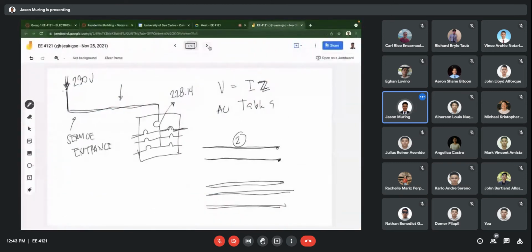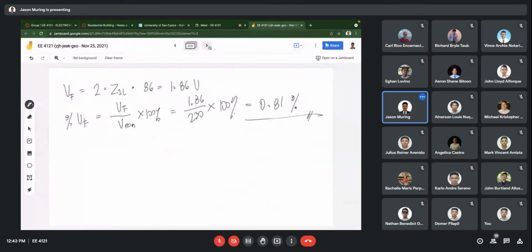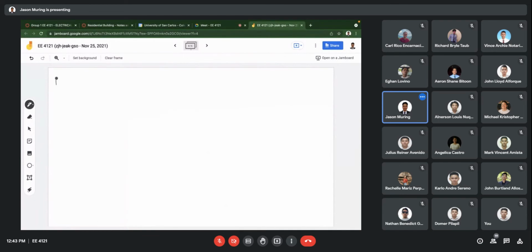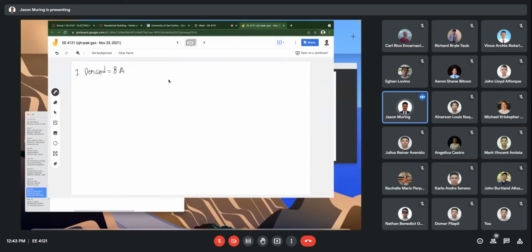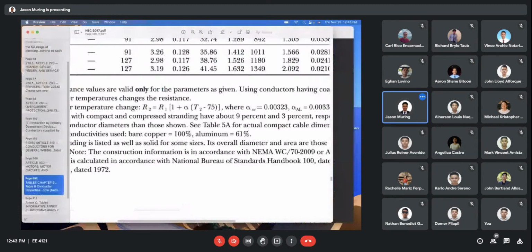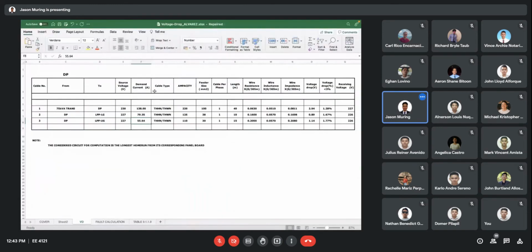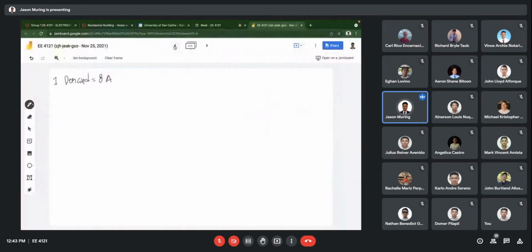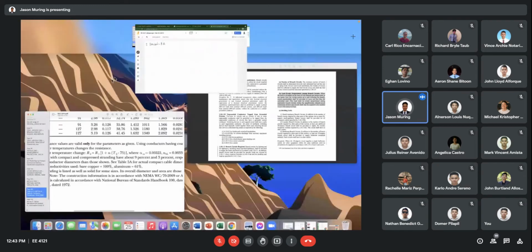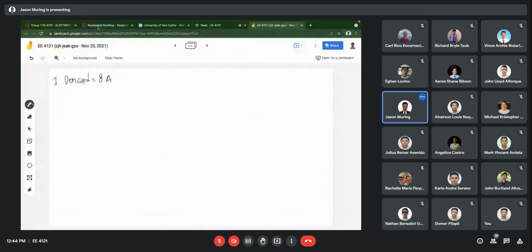So let's copy it here now. So the demand is 8 amperes. Then if we look it up from the table, because this is a 20 ampere branch circuit, so where is it?